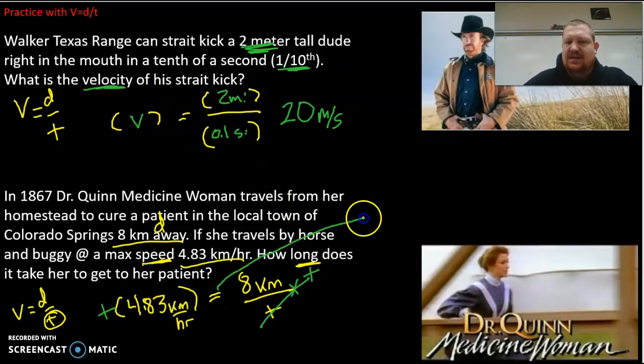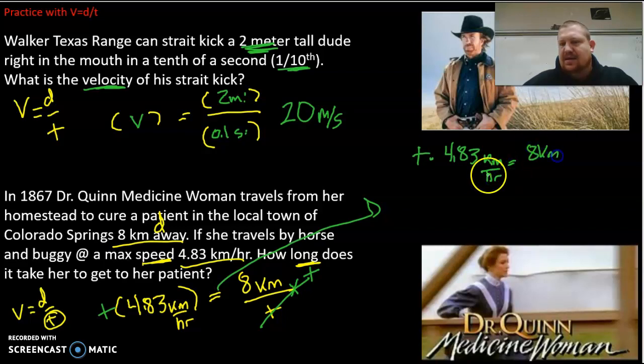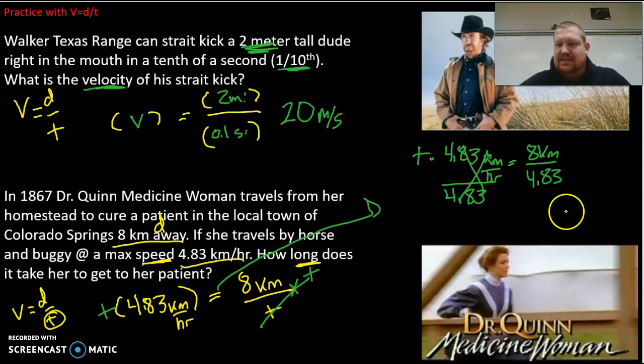I'm just going to move this equation over here now. So now we got t times 4.83 kilometers an hour equals 8. So now we're going to do the same thing again. We're going to divide by 4.83. Divide by 4.83. I don't remember what this is exactly. Oh, we got kilometers an hour. Kilometers cancel. I think it's from my 1.6 hours.